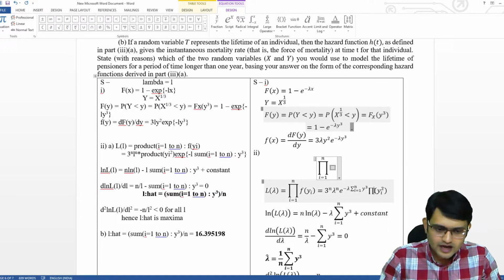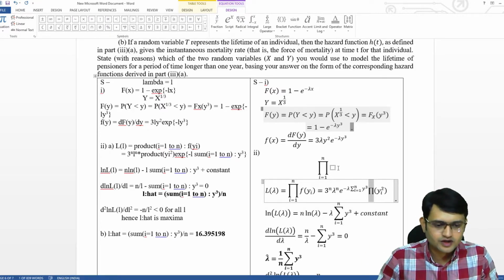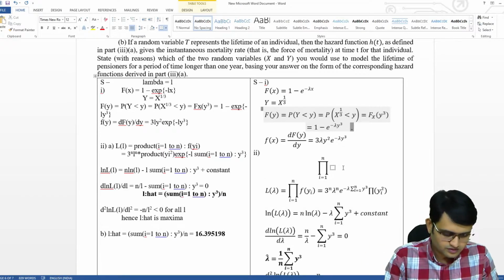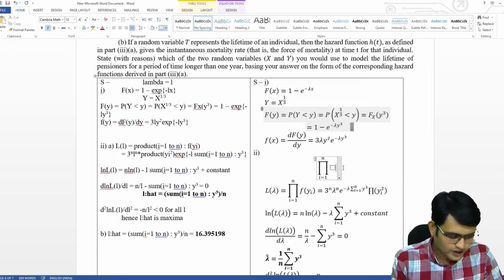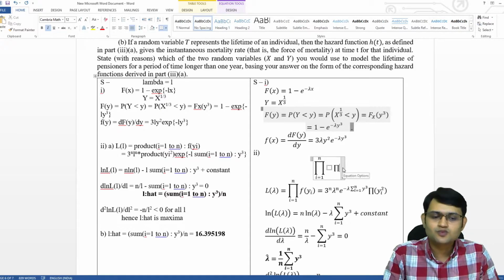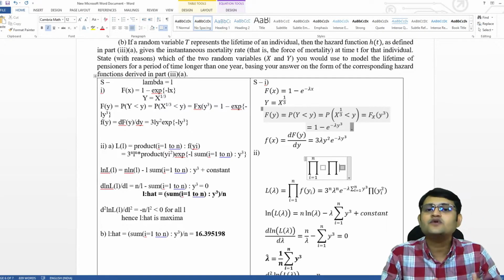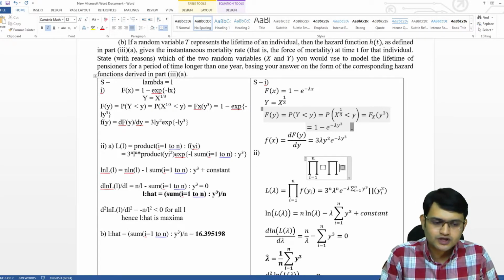Later on here I wanted just the small pi, for that all you have to do is write backslash prod and press space, you get a smaller pi. If you press space again you get a bigger pi without the limits. You can write that also, that works too.